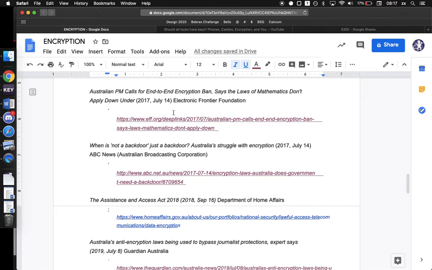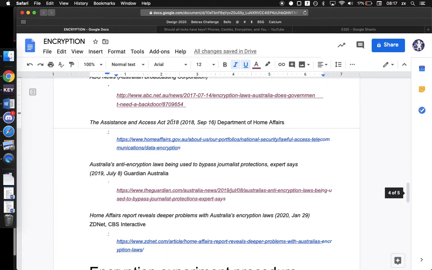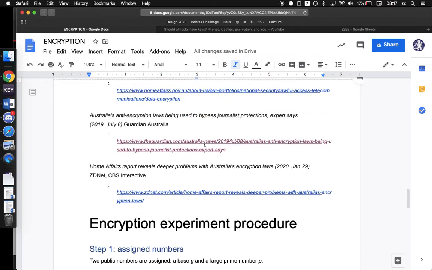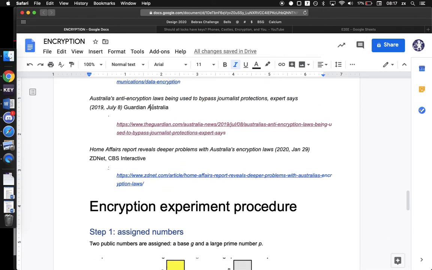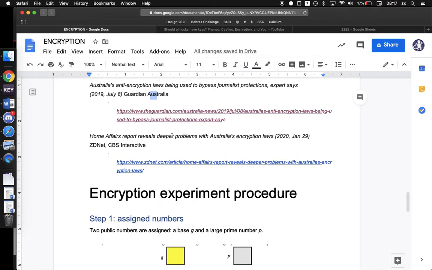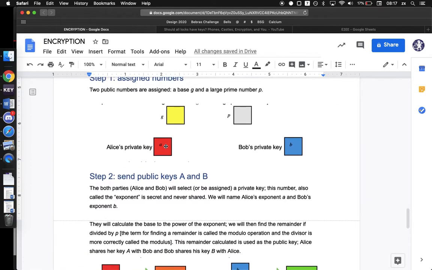In 2017, when they were proposing these laws, they talked about how the laws of mathematics don't apply in Australia, and what's the problem with just having a backdoor. Then this is the law when it was passed in September of 2018, and in 2019 they talked about how these laws have been applied, and then again in 2020 the problems with how they're being applied.